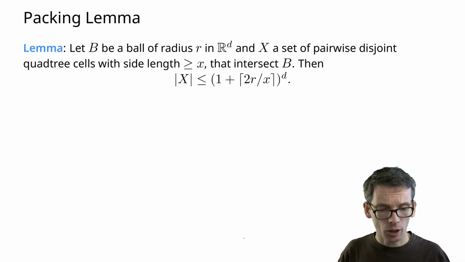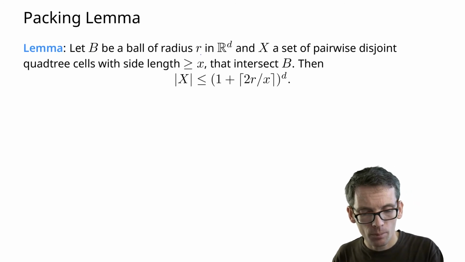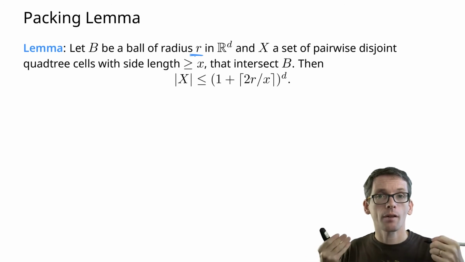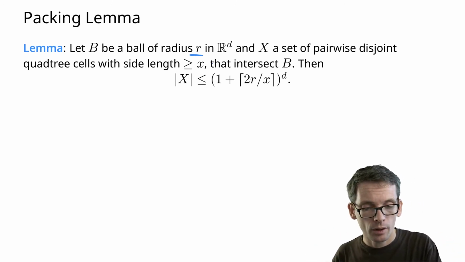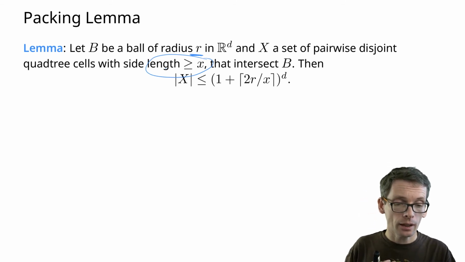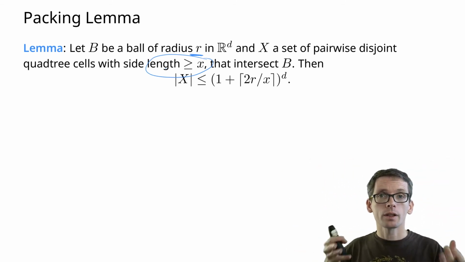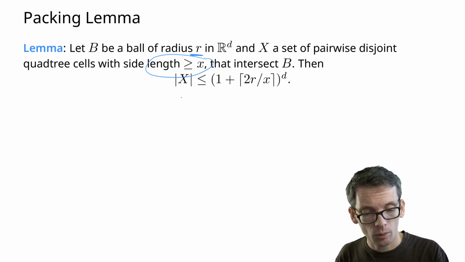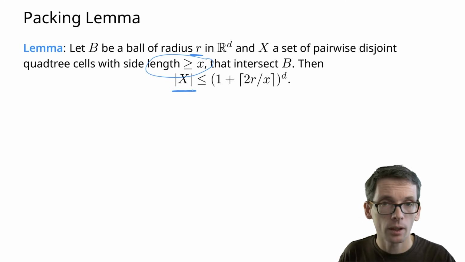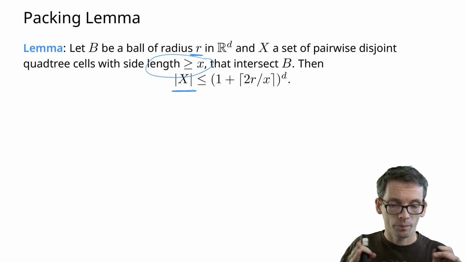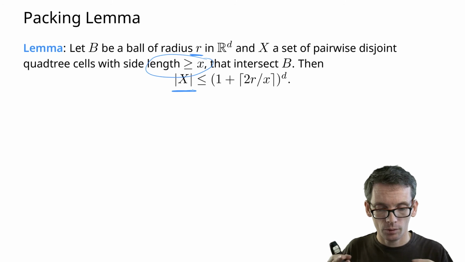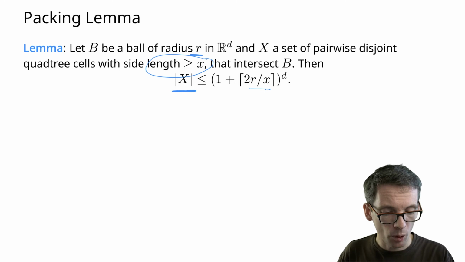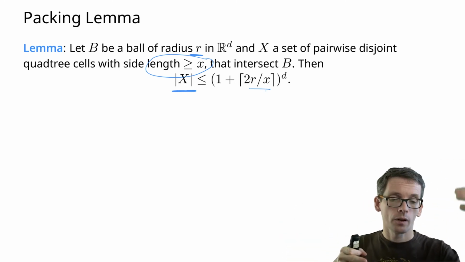To make this packing argument more precise, let's assume I have some ball of radius R and pairwise disjoint quadtree cells which all have side lengths at most X. Then the question is, how many of these can I fit into this ball B? What I claim here is that the number of such cells that can fit is proportional to the radius divided by X to the D.